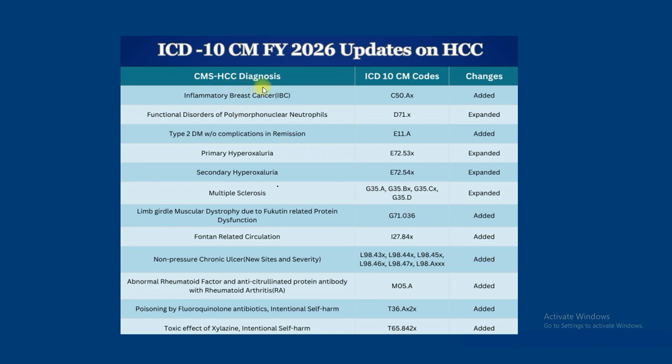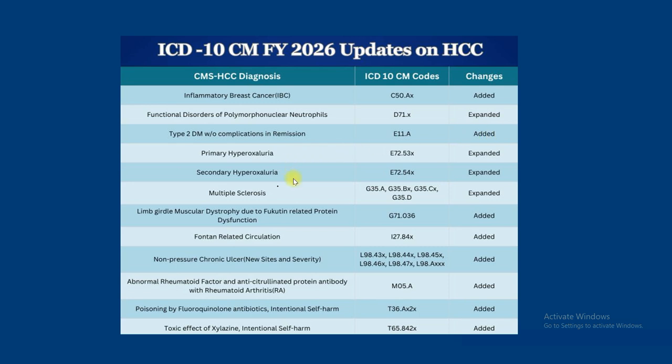So, the CMS HCC diagnosis. Next column is the ICD-10 codes and changes. Inflammatory breast cancer, ICD-10 code C50.AX added. Functional disorder of polymorphonuclear neutrophils, D code is expanded, and type 2 diabetes mellitus without complication in remission is also added.